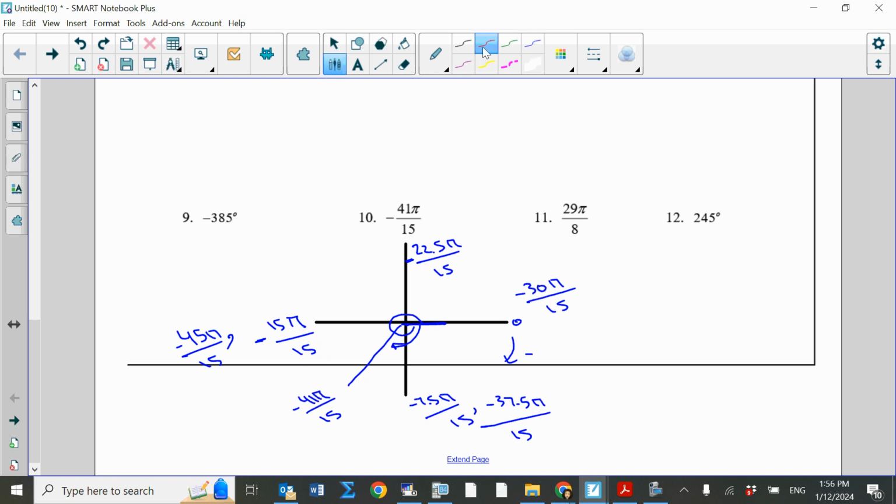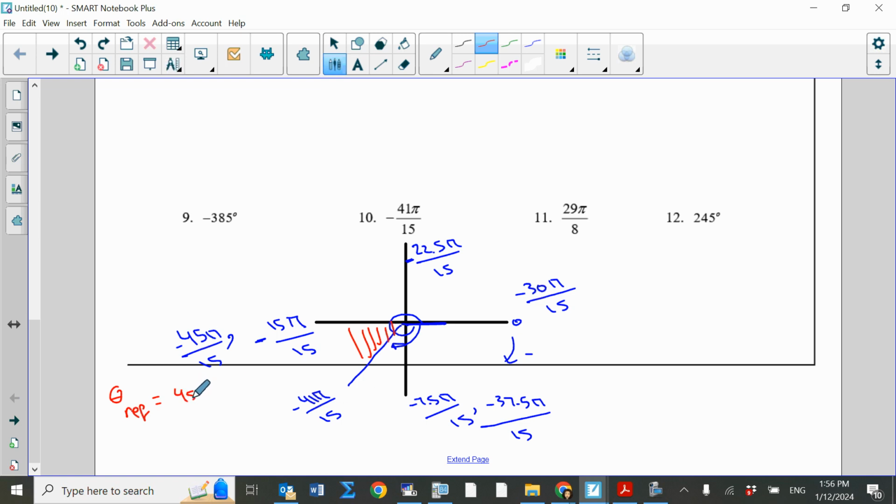Now, what is the reference angle? That's this one, the distance between the terminal side and the x-axis. Now, all we need to do is find this distance. What is that? Theta reference will be, I don't care that these are negative. Just ignore the negative and find the distance between 45 and 41.